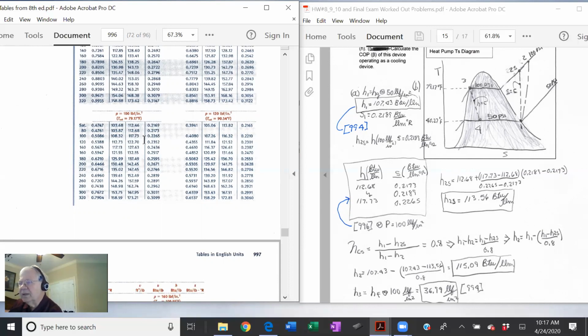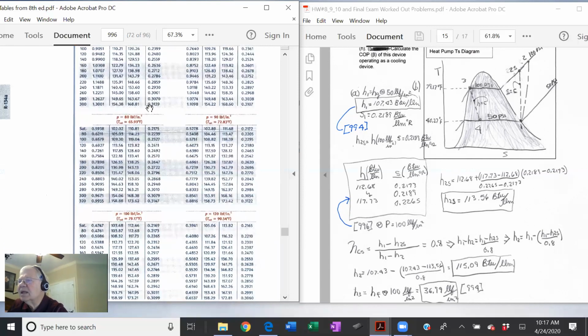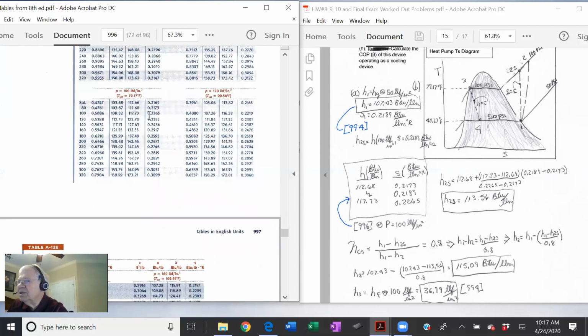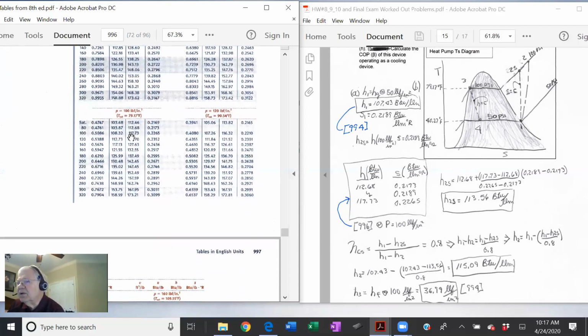And for the enthalpy, be sure you get in the right column. Entropy is the next to the last. They'll switch it on you now. So the entropy at this 112.68, there it goes, 117.73. There it goes. We put a little y we're looking for. We're looking for this interpolated y, which is h of 2s.